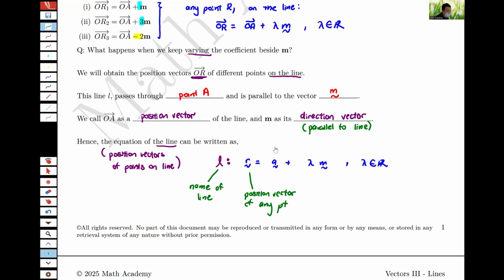This A is a fixed point on L. And M is called the direction vector. So when we write out the equation of lines later on, every line will take on this same type of structure: always position vector plus lambda times direction vector.